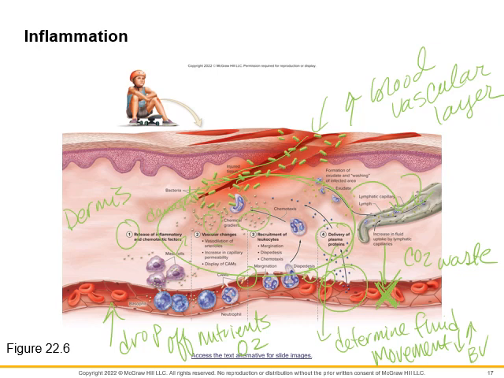So we'll talk about this in the next unit, but this system is pretty dynamic, right? We are releasing chemicals to trigger the fact that we have some sort of tissue damage or a pathogen has made it into our tissue. We're causing vascular changes, vasodilation, causing diapedesis, causing white blood cells to move out into the tissue. We're causing more white blood cells to be recruited to the area.